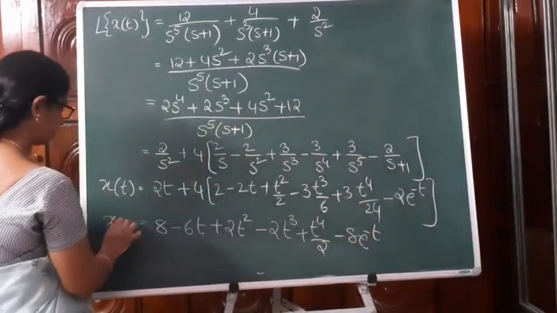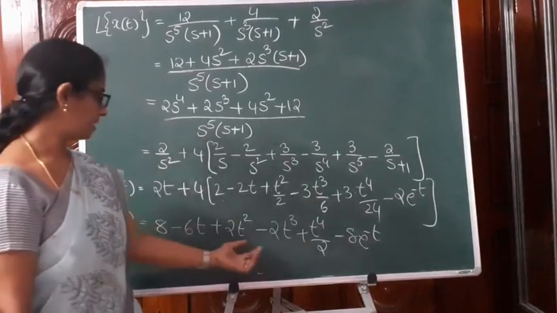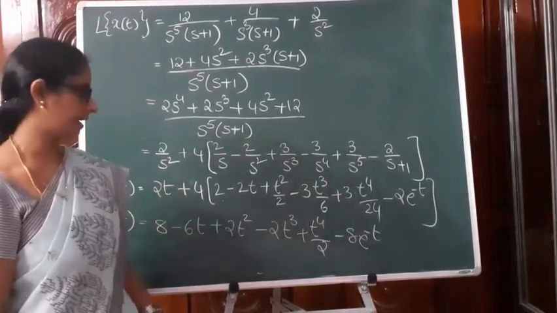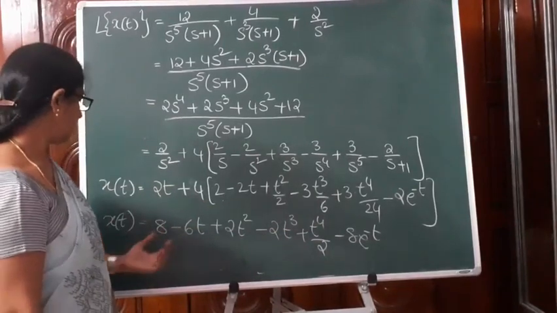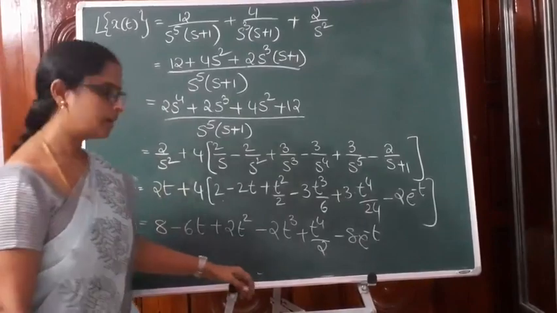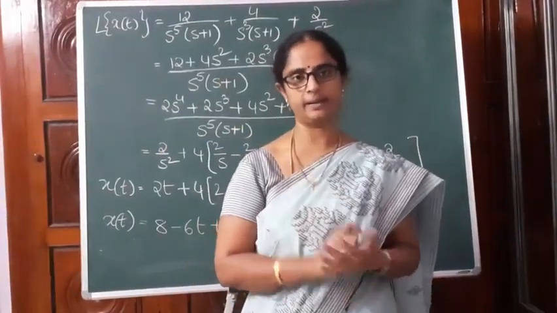This is x of t. I hope the calculation part is correct. If there is any mistake in the calculation, make a correction. So finally this is the solution of the given differential equation, which we could obtain by the Laplace transform technique.